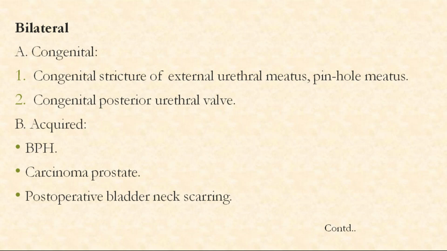I already told you, when there is a pinhole meatus in the male or female urethral orifice, both kidneys are involved, because the urethra extends from the bladder to the exterior. Or there is congenital posterior urethral valve. These two conditions produce bilateral congenital hydronephrosis.